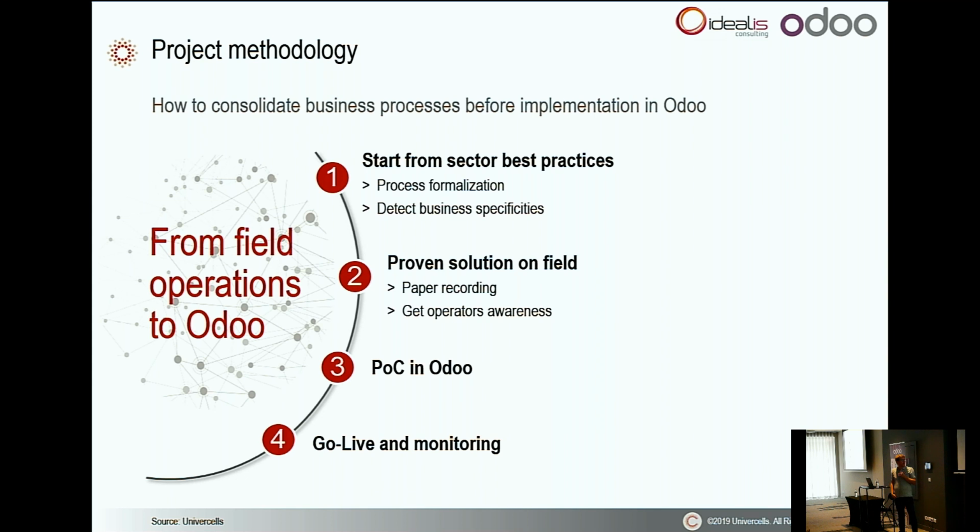But after a few discussions with the business, we saw that they don't even know how they want to work. So we changed the way we work there, and we just started to give them paper. Just write on paper what you are doing, so you can give us the details of what you need to track the production.